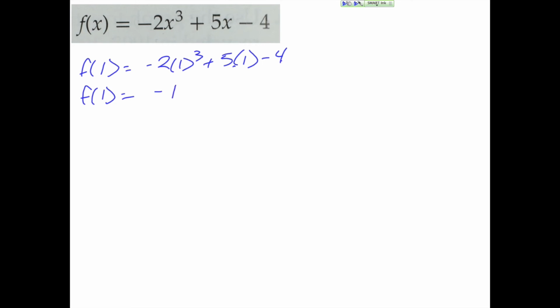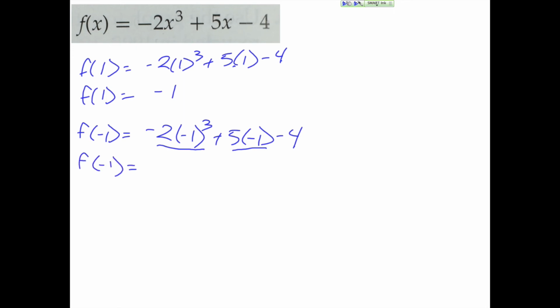So now let's plug in negative 1. Alright, this time I'm going to end up with a positive 2. This will make it negative 3, so I'm going to end up with negative 7. So what does that tell me? I just know that it's not symmetrical to the y-axis, which means it's not an even function. So I know it's not even.